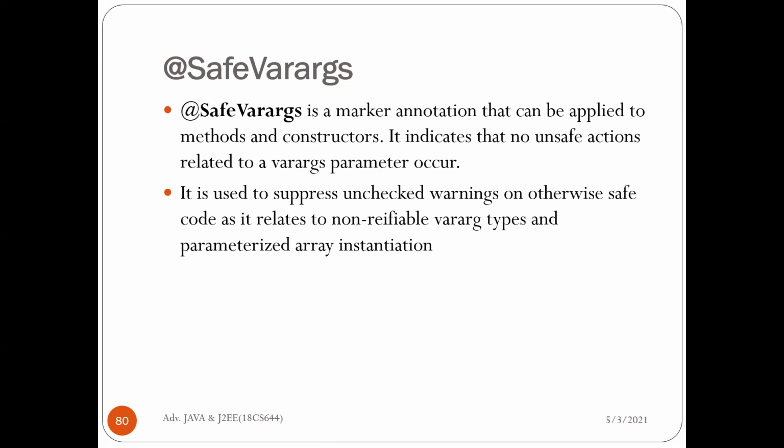For example, if you want to perform an addition on n number of variables, then a single method can be defined and variable arguments can be used to pass them. Variable arguments can be passed using a special indication in Java. For those kinds of functions, we can use SafeVarargs. This indicates that whatever variable arguments parameters are passed, they are safe.